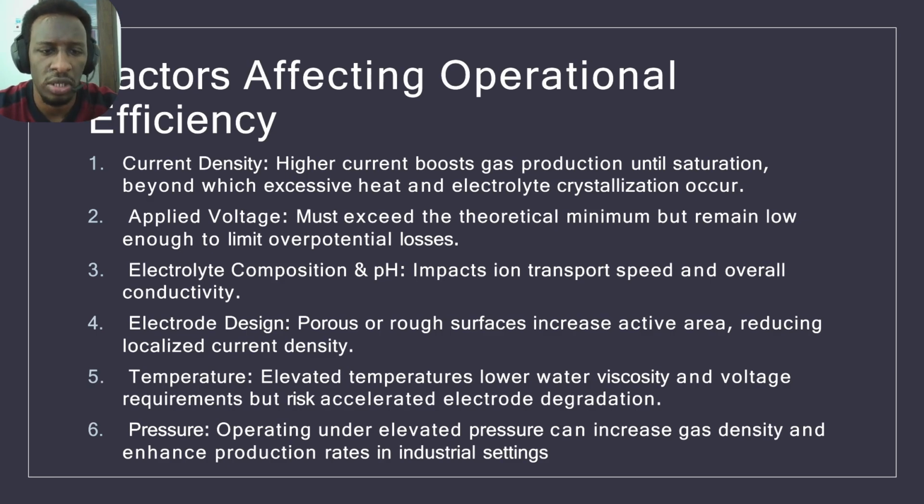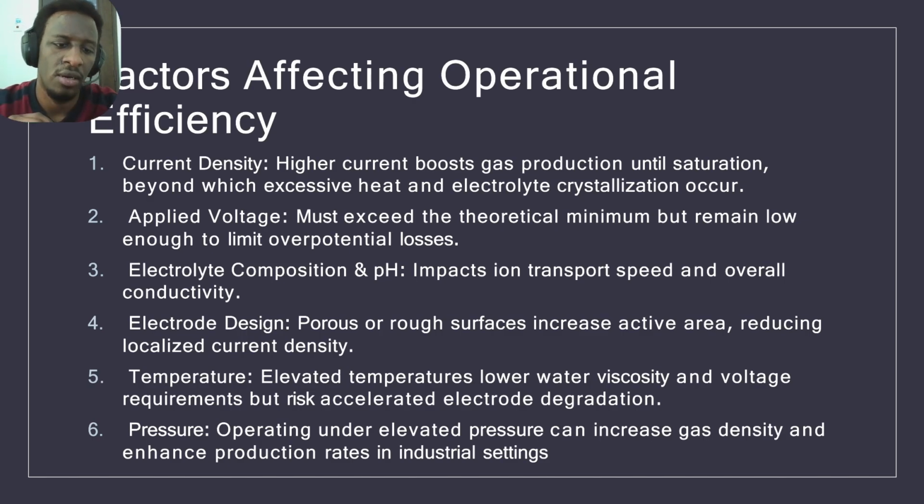Secondly, the applied voltage must exceed the theoretical minimum but remain low enough to limit potential losses in the process. Thirdly, the electrolyte composition and pH impact ion transport speed and overall conductivity.